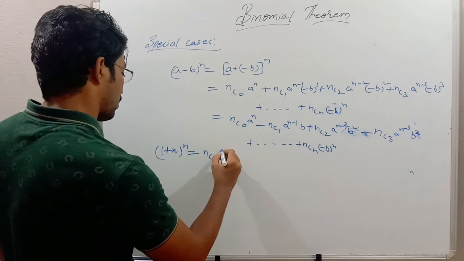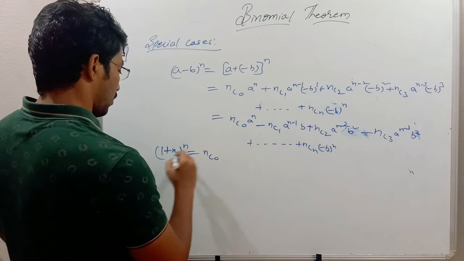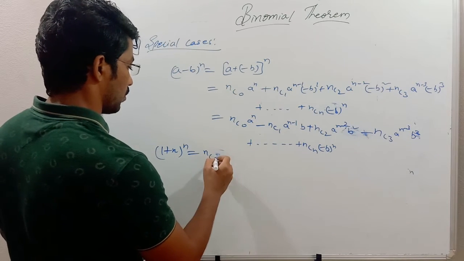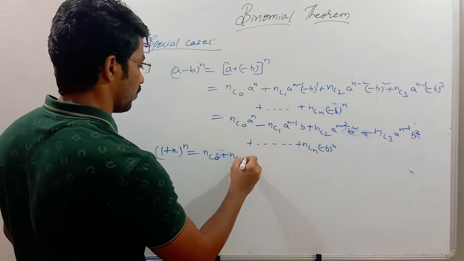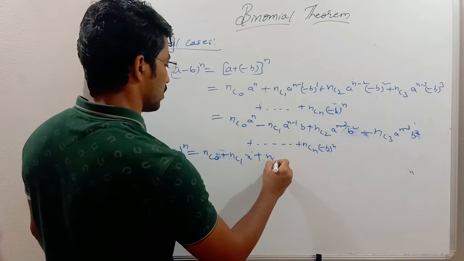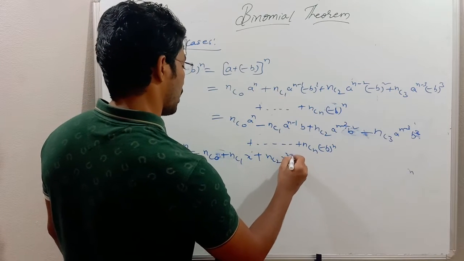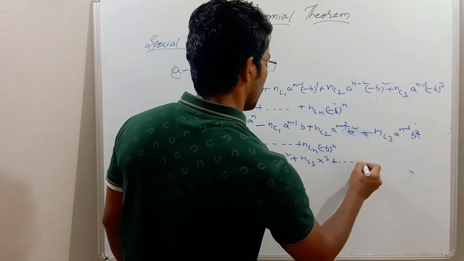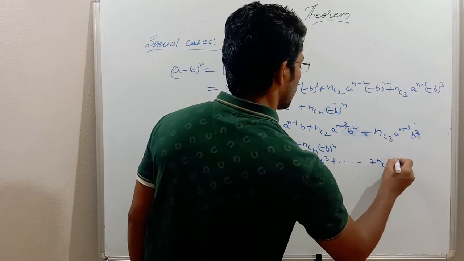Coming to the next expansion, (1 + x) whole power n is equal to nC0 times 1 plus nC1 x^1, nC2 x^2, nC3 x^3, plus and so on, nCn x^n.